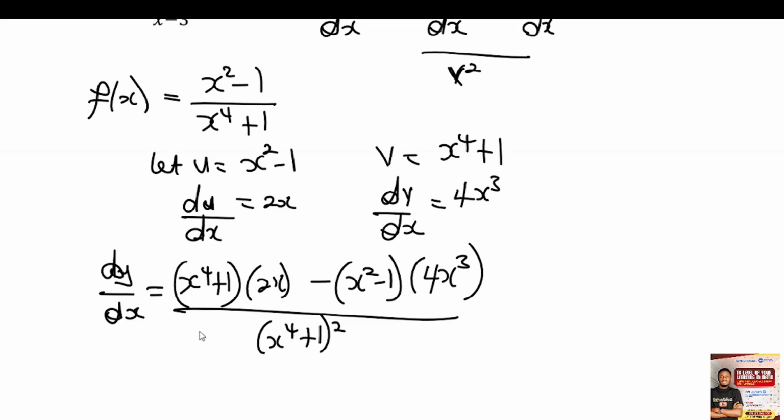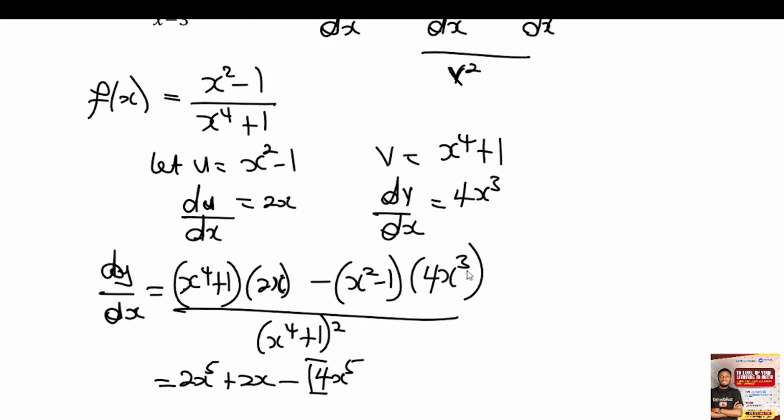Now when we simplify this, we are going to have 2x times this one. So 2x times x exponent 4 will give us 2x exponent 5. 2x times 1 gives us 2x. Then this one too, we have minus 4x exponent 3 times x squared will give us 4x exponent 5.